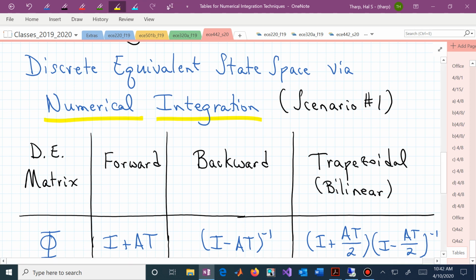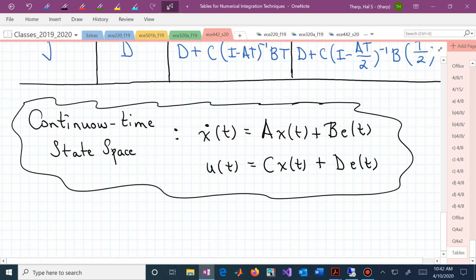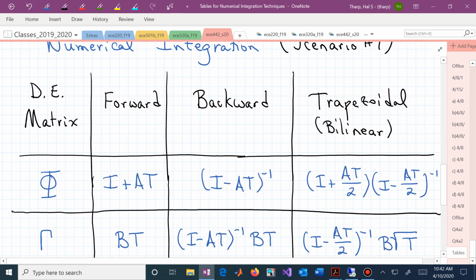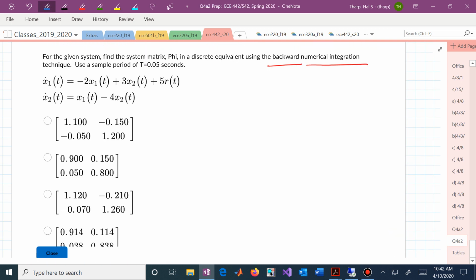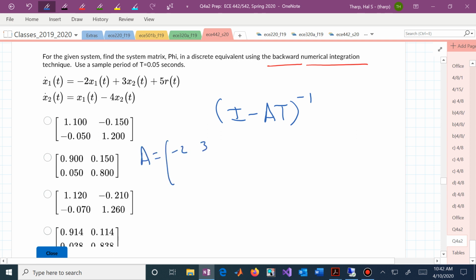If I'm doing numerical integration, discrete equivalence, scenario number 1, and I'm starting with a state space representation, I simply identify which strategy I'm looking at, and now my phi matrix I can compute as I minus AT inverse. So now up here I say, oh, that's (I minus AT) quantity inverse. And what's A? Well, A in this case is now minus 2, 3, 1, minus 4.